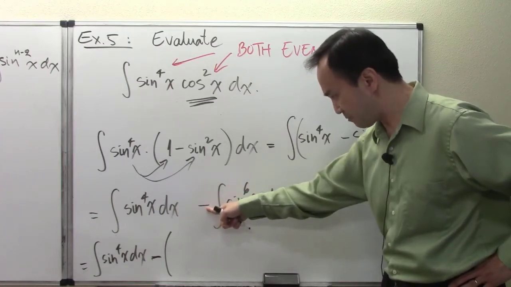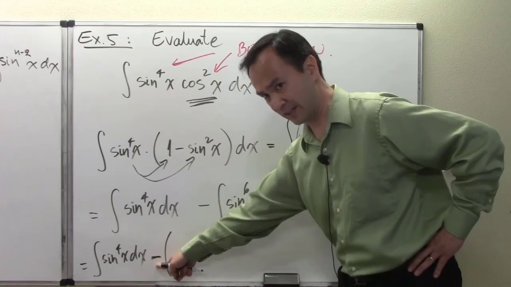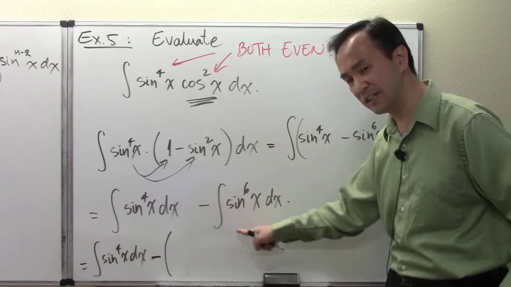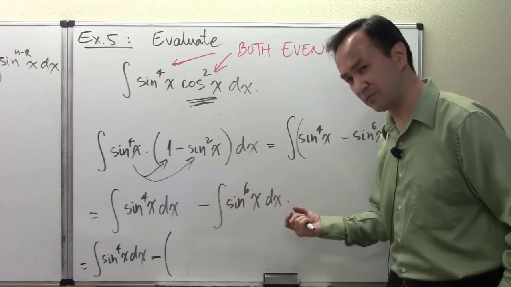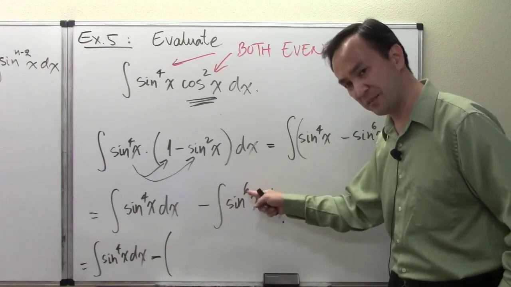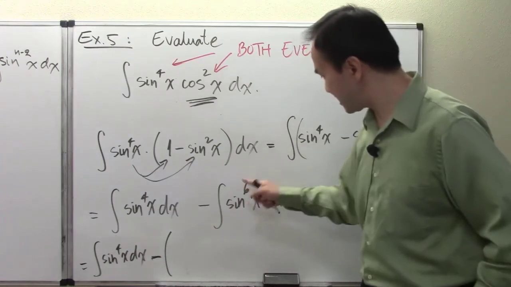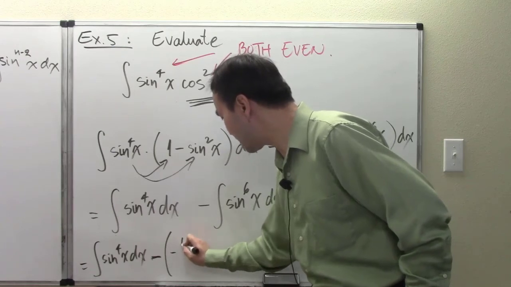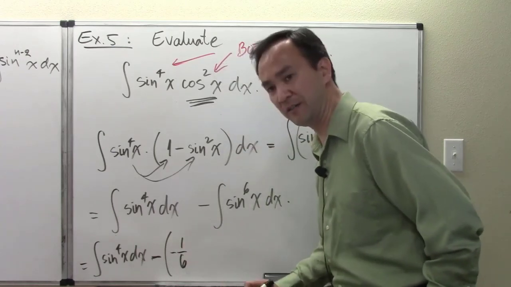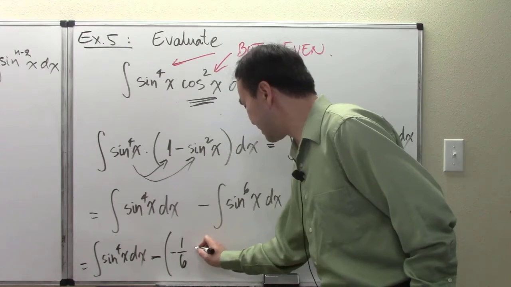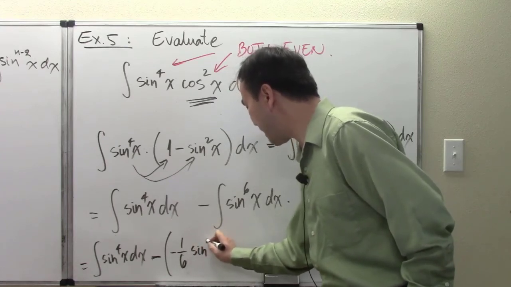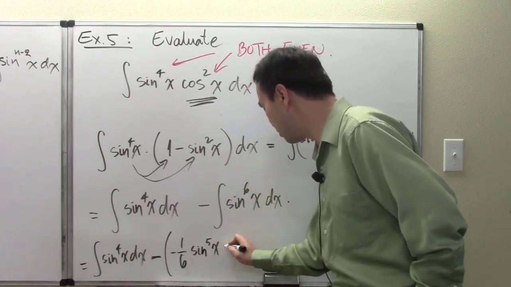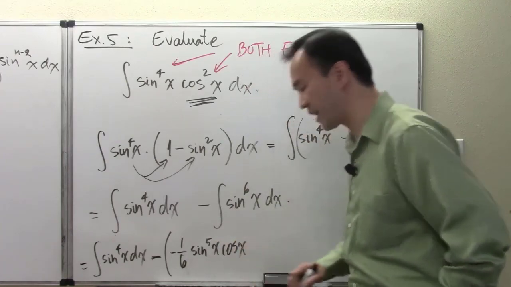Even that minus sign is kept in front, outside of the parentheses, so that I can have a clear sense of how I apply the reduction formula directly on the power of sine here, the power 6. According to the formula, I'm looking at a negative 1/6 times sine to the 5th power, because the power got reduced by 1 in that non-integral term, and then multiplied with the cosine of x.